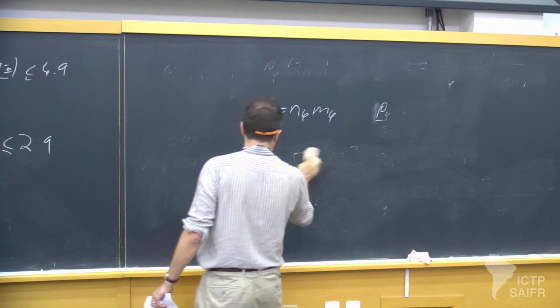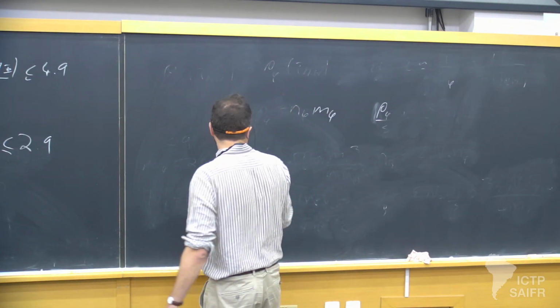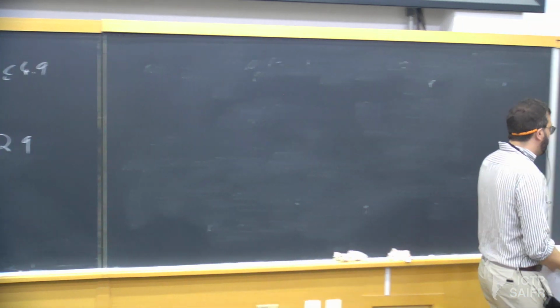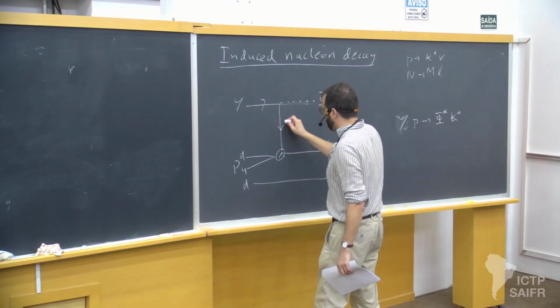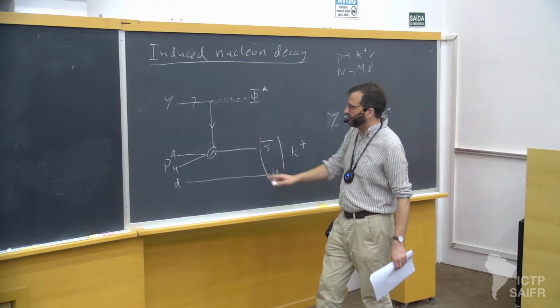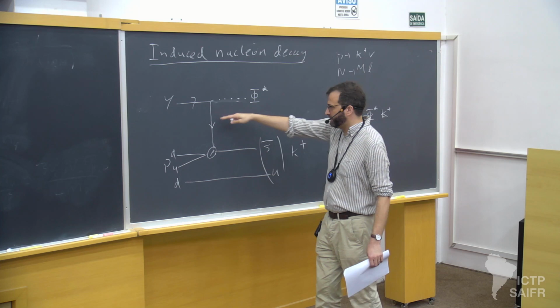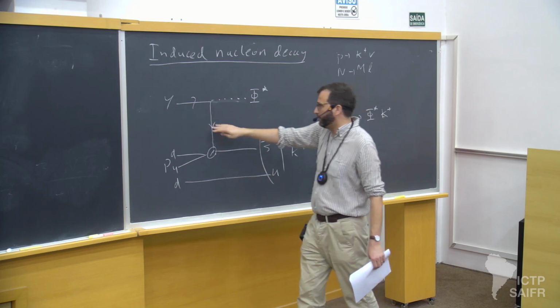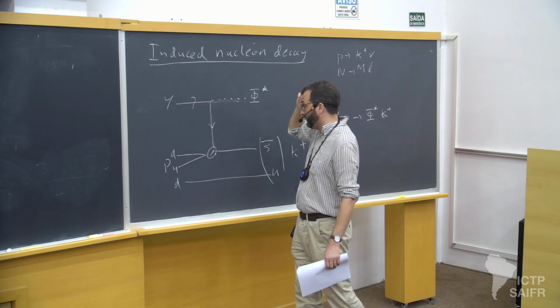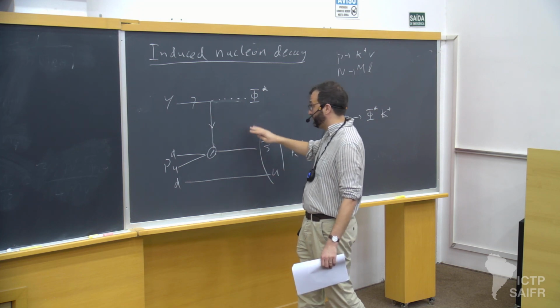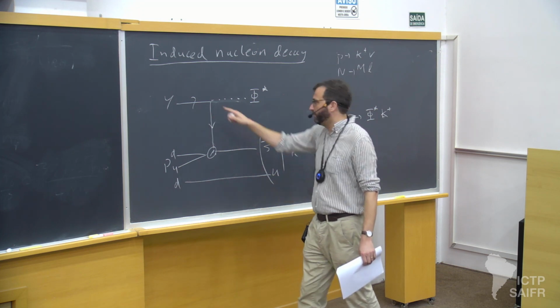Sorry, just for me to understand, what particle is the dark matter? Is it Y or Phi? They're both dark matter particles, but here, for example, I've assumed that Y is the initial one. You have them both in the halo, so in principle you have both possibilities for the initial state.